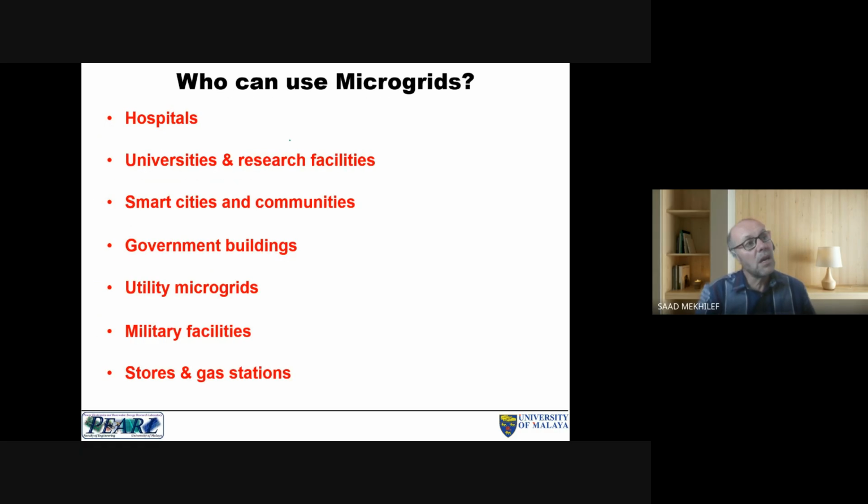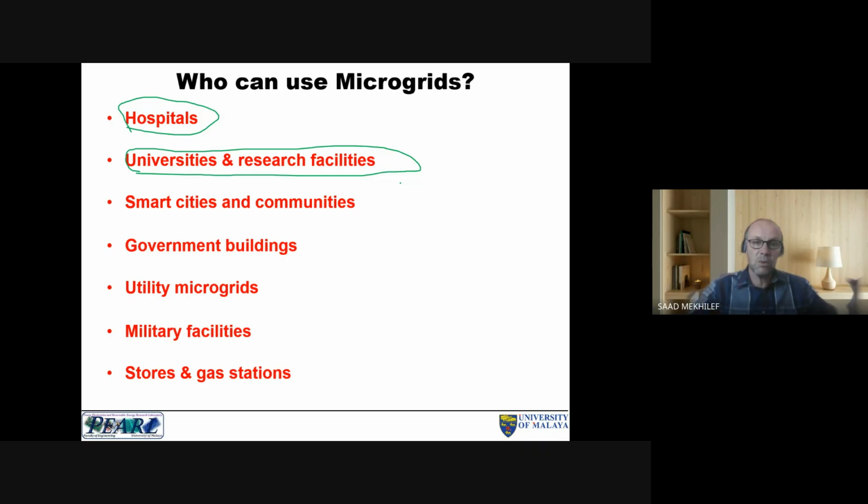Another question is, who can use microgrids? I think we explained it before. One of them is critical loads, universities and research facilities. In our lab here, we actually have a microgrid: two buildings which are two microgrids connected to each other, so the whole building is a microgrid by itself.